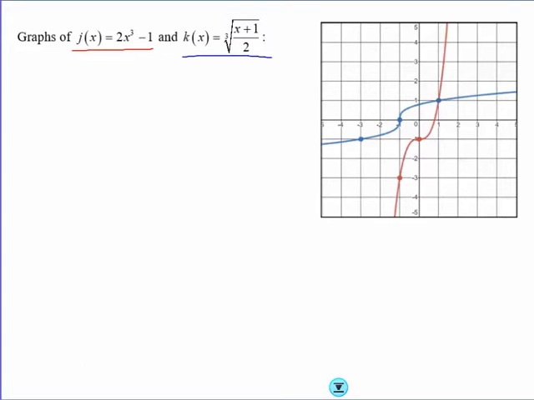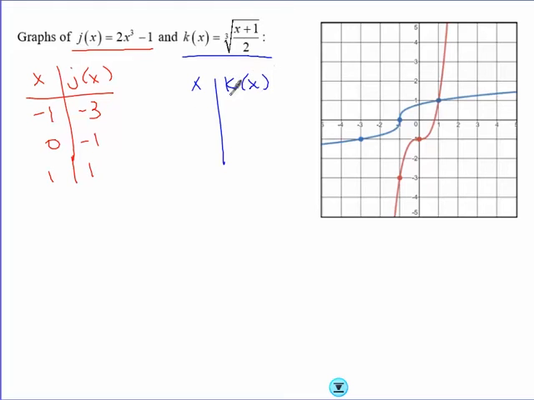I'm going to make some quick tables here. So if I look at these points that I've highlighted on j of x, I have the points (-1, -3), (0, -1), and (1, 1). If I look at the points for k of x, I have the points (-3, -1), (-1, 0), and (1, 1).